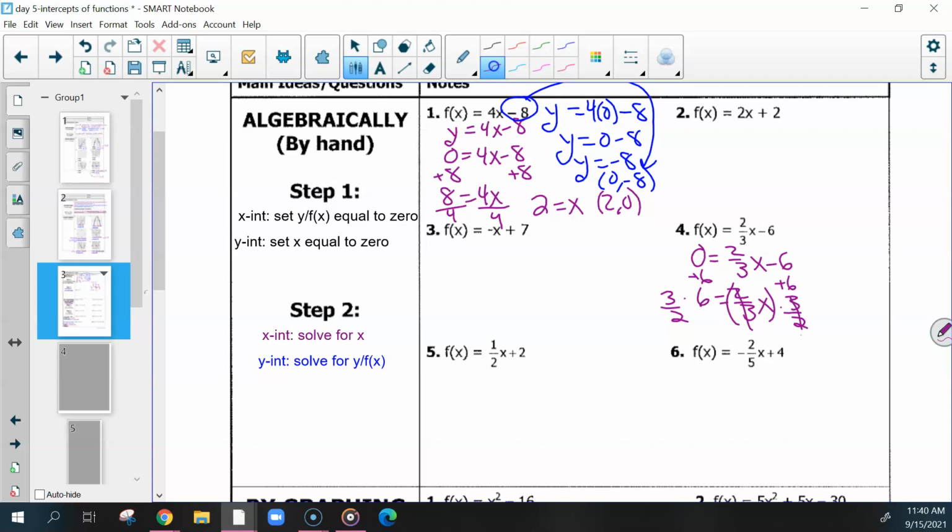3/2 times 6 would give us what? What would this equal?